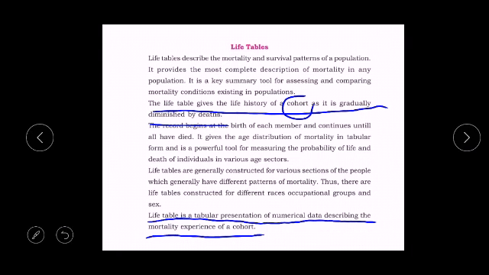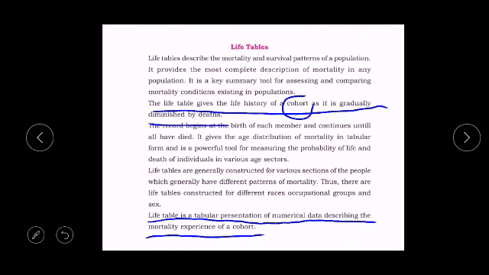Suppose in a village 1,000 people are born on the same day or in the same year. They all will not survive till their 60th or 80th or 100th age. Even among 1,000 babies, one child may die within 28 days as a neonatal death. Another baby may die within 1 year, an infant death, and another baby may die after 5 years.